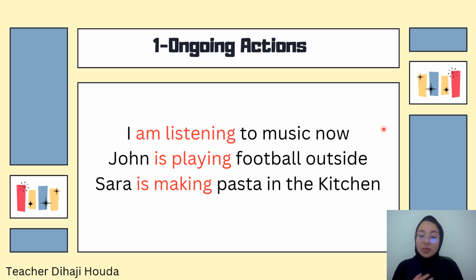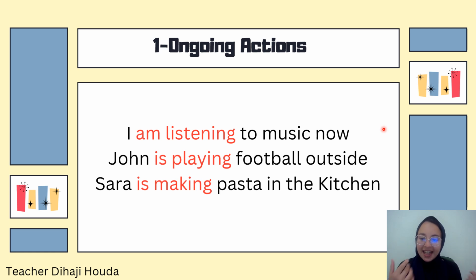So, the common thing between these sentences is that we are reporting the time, or the continuity of these actions. For example, when I tell you that I'm teaching you now, what are we doing now? We are learning.